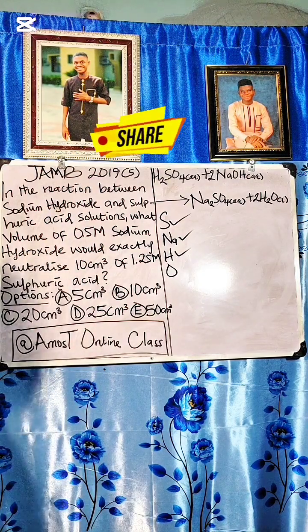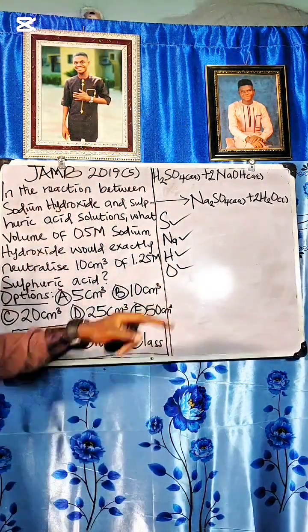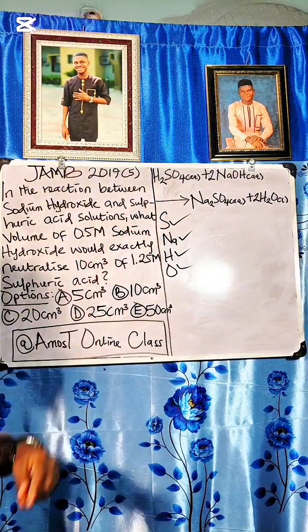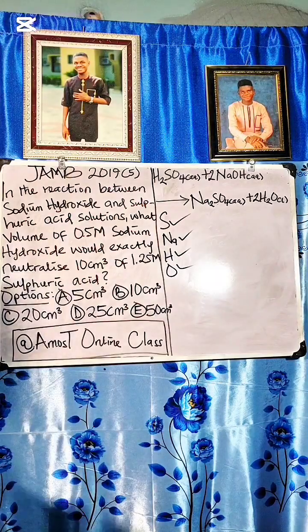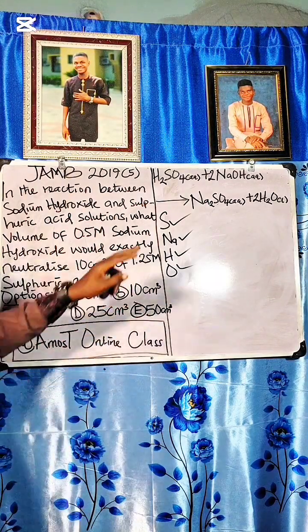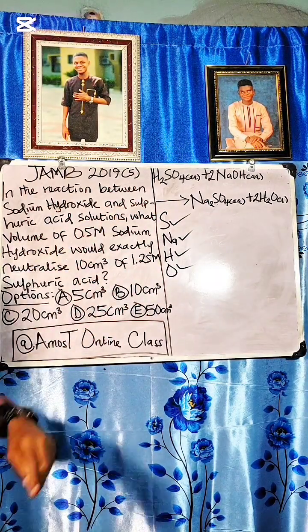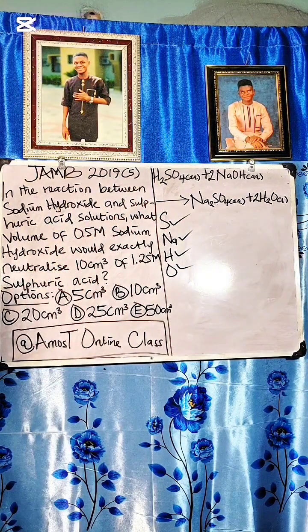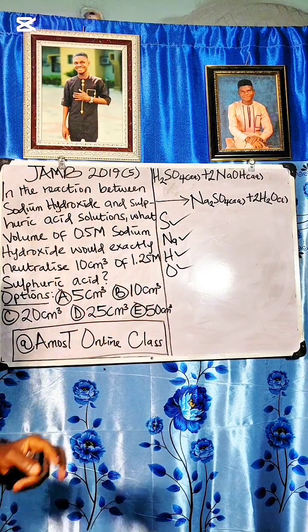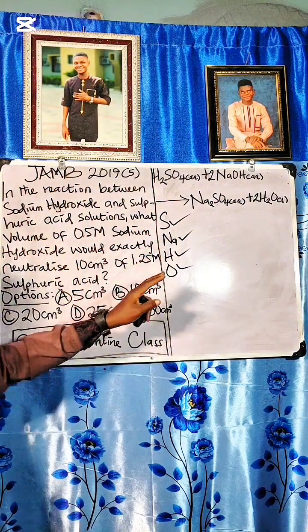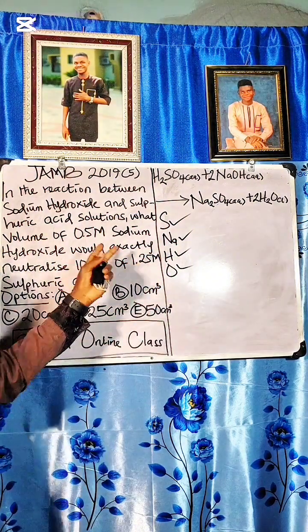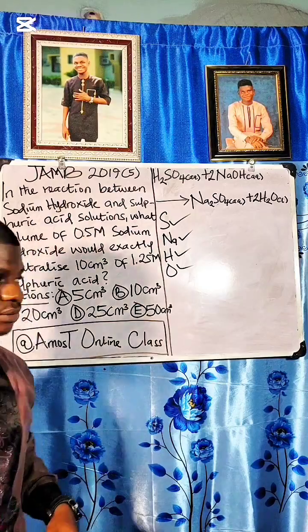So this is the balanced chemical equation representing the reaction between sulfuric acid and sodium hydroxide. In this balanced equation, we can see that 1 mole of sulfuric acid reacts with 2 moles of sodium hydroxide to yield 1 mole of sodium sulfate and 2 molecules of water. So this chemical equation is balanced. That is the first step to solve this kind of question. We're done with that.